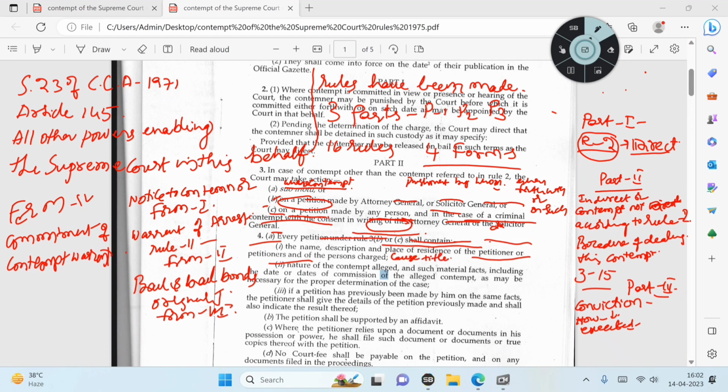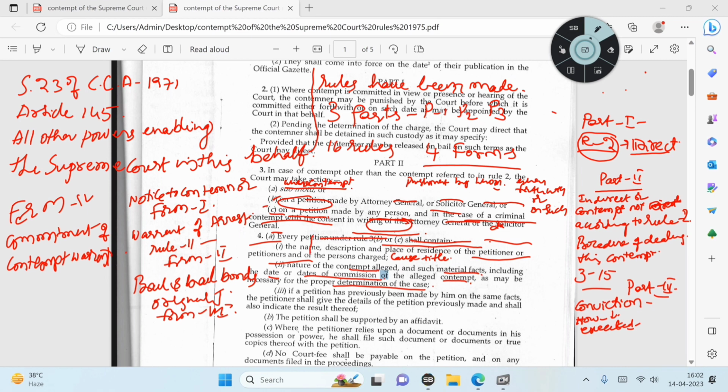Next, the nature of the contempt alleged, with such material facts, including the date or dates of commission of the alleged contempt, as may be necessary for the proper determination of the case. It is common in all petitions.